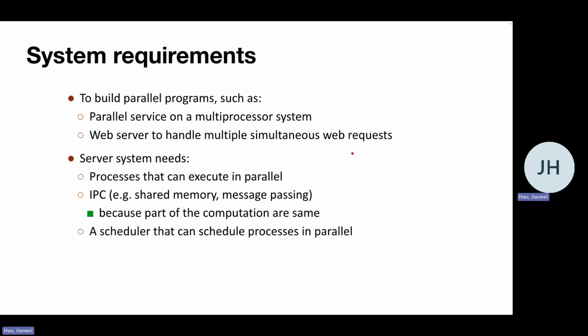And such a system has some requirements to build this parallel processing program. For example, a parallel service needs a multiple processor system, because we need multiple processors to process multiple tasks at the same time.